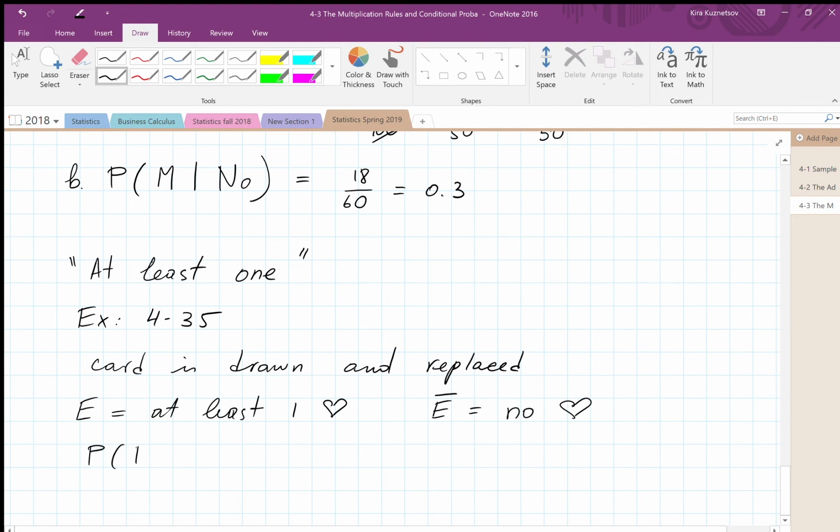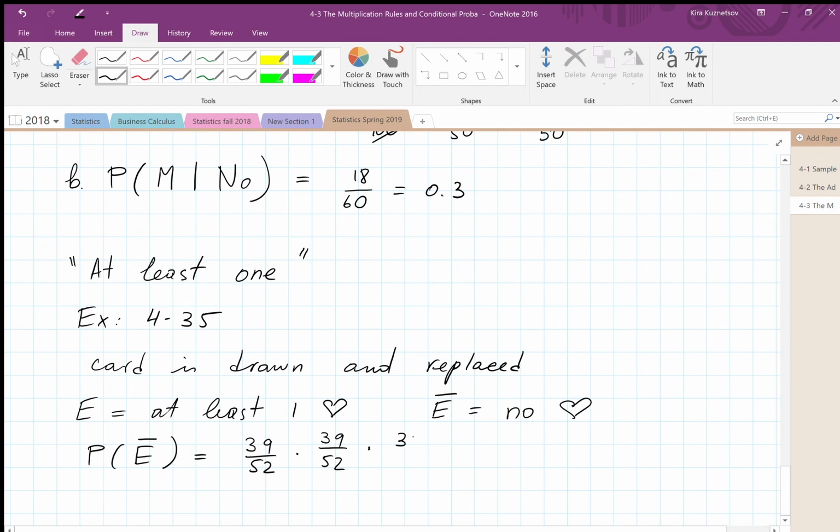So the probability of E complement: if I need a non-heart in the first draw, it's 39 out of 52, because 13 are hearts, so the other cards out of the 52 is 39. I just took 52 minus 13 and got my 39. Now, if the card is replaced and reshuffled, I have a brand new deck. It's still 52 cards, and there's still 39 non-hearts. So getting the second non-heart is 39 out of 52.